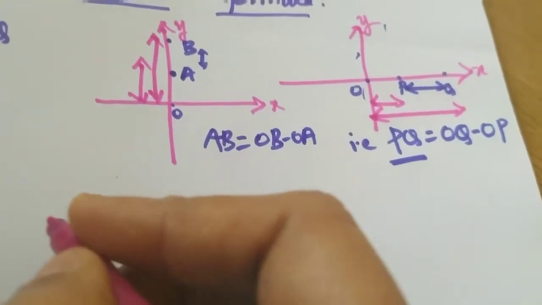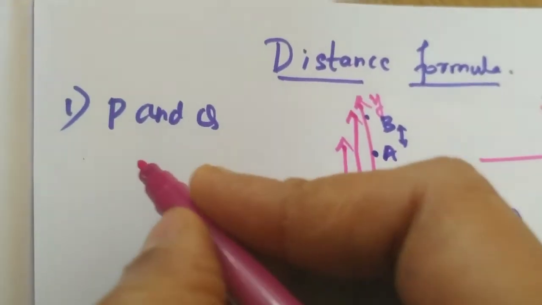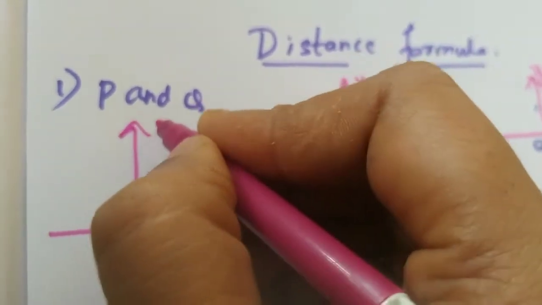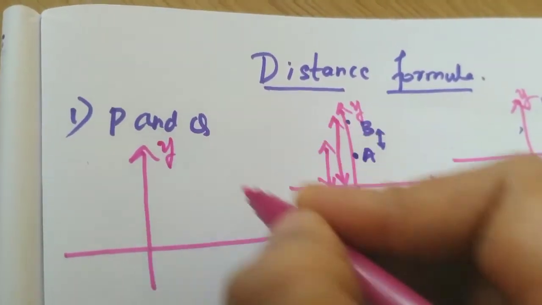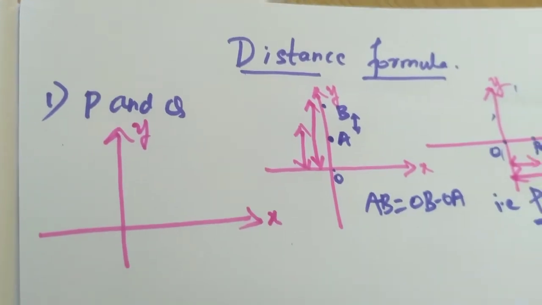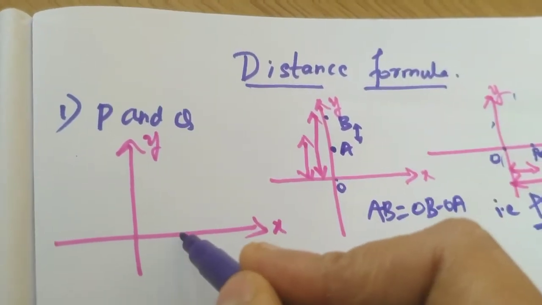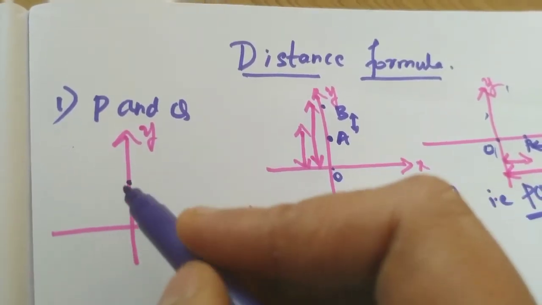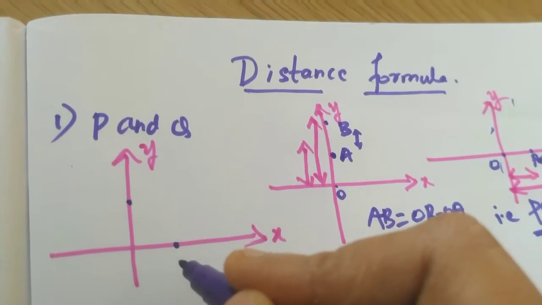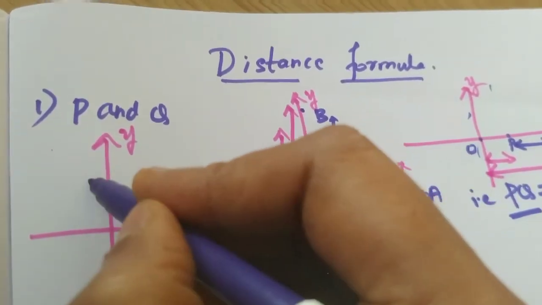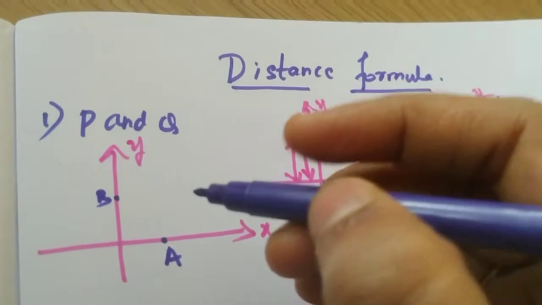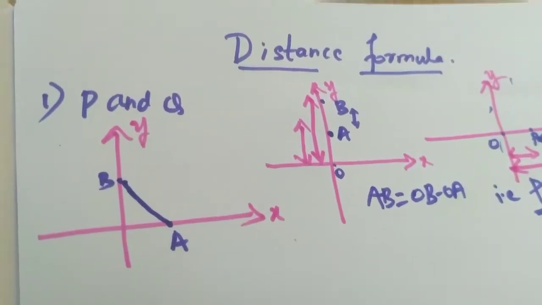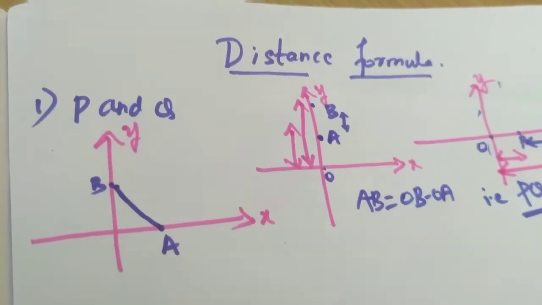Suppose I have the points on x-axis and on y-axis. Let me take this as A and this as B, and I'm connecting these 2 points, and this point let us take as origin.